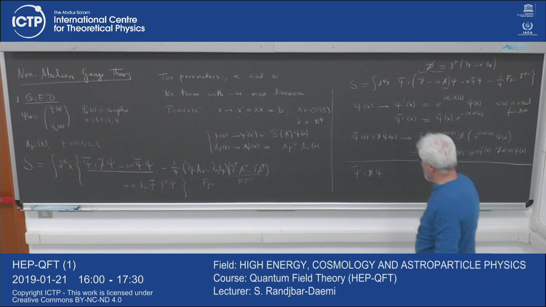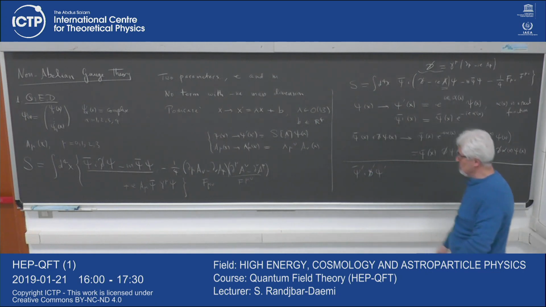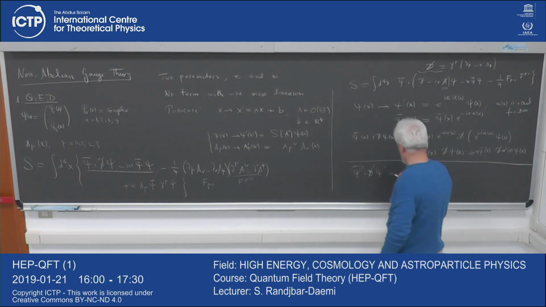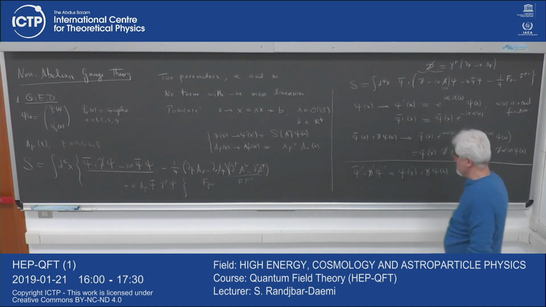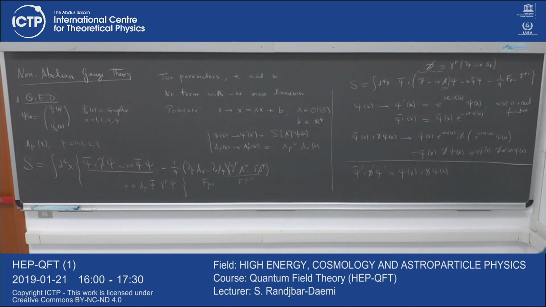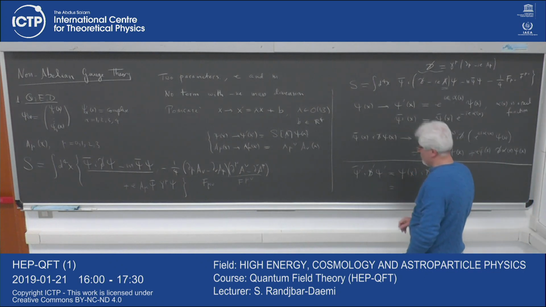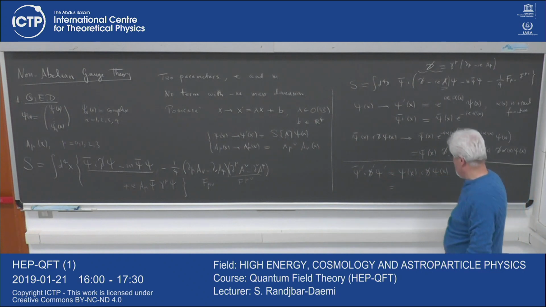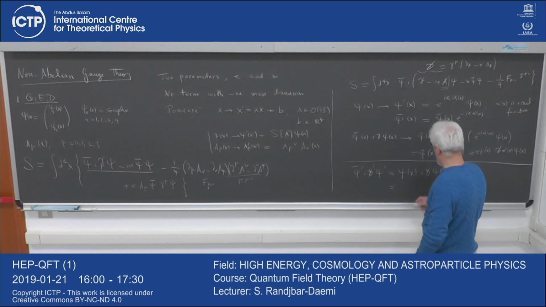So the action that we have is psi bar i D slash psi. And if you do gauge transformation, every field will transform. Therefore, we should put a prime on everything. What we demand is that actually that term is invariant. This is the only term we have to worry about as long as the psi's are constant. You can substitute for psi in terms of psi prime.